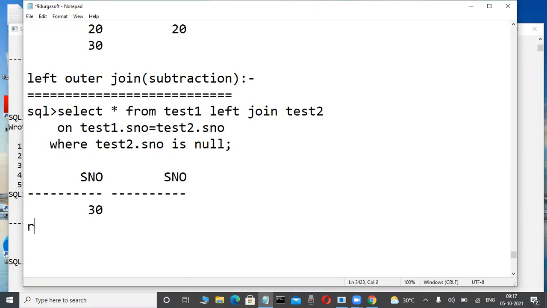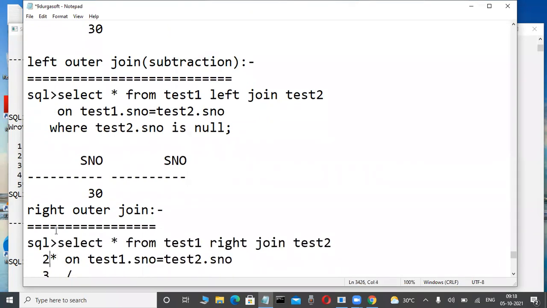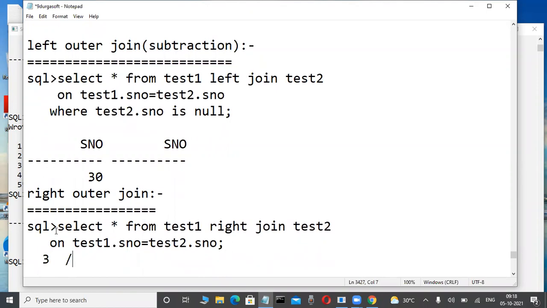Next, right outer join. Right space outer space join. Output also.